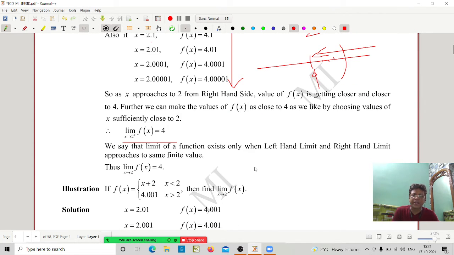These two limits exist only when the left hand limit and right hand limit approach the same finite value; then we say the limit exists.